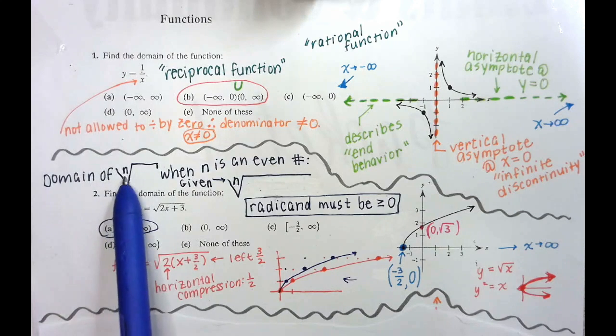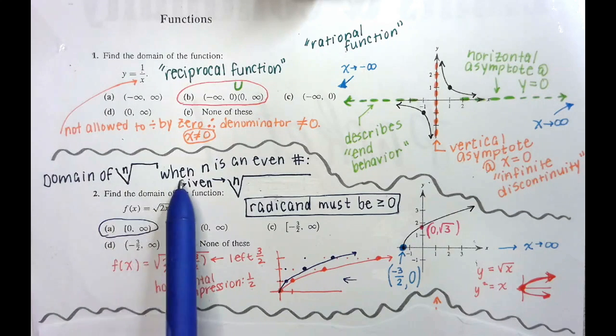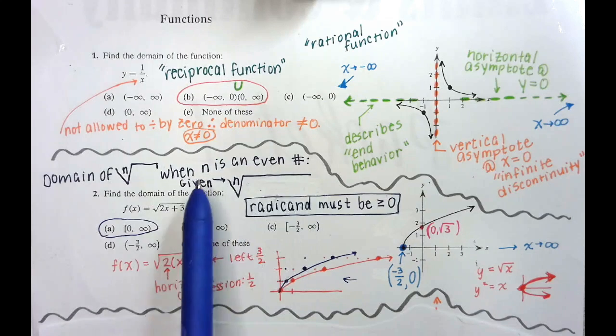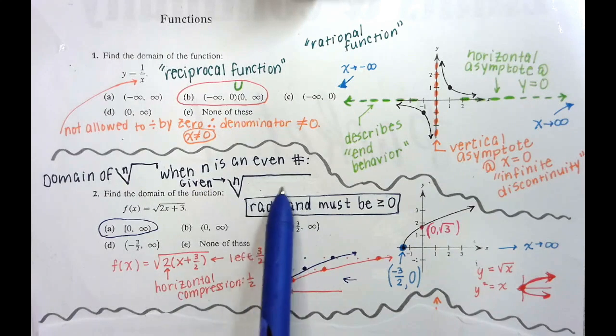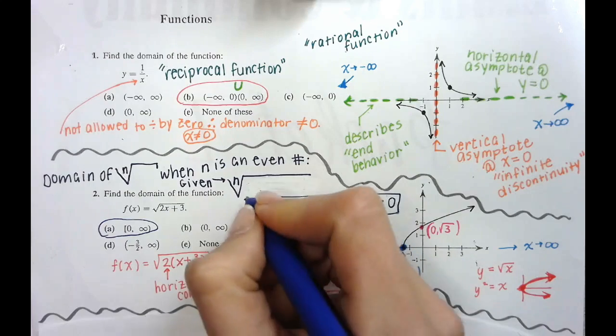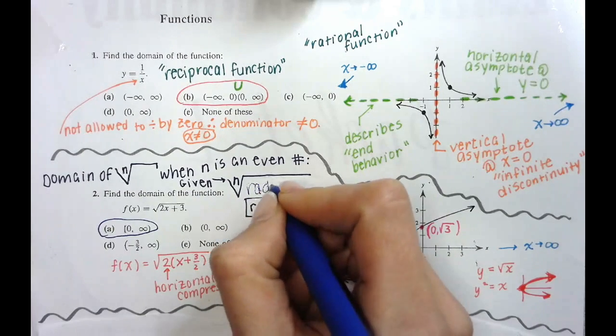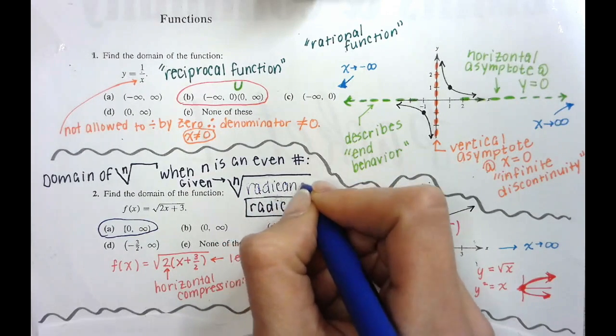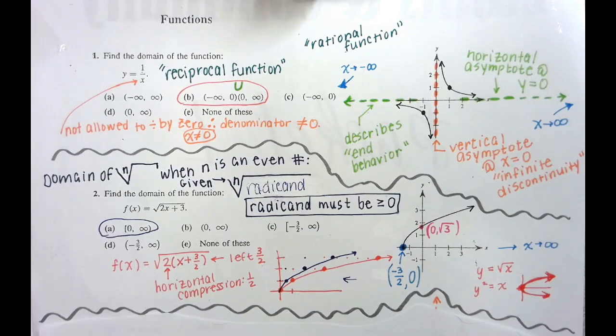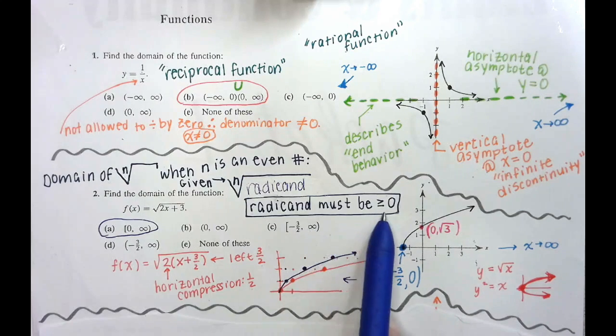When you're finding the domain of the nth root of an expression, when n is an even number, for example, given the nth root of something like this, your radicand, so this underneath is called a radicand. In the quadratic formula, we do refer to the radicand as the discriminant. That's a little bit more specific. The radicand must be greater than or equal to 0.